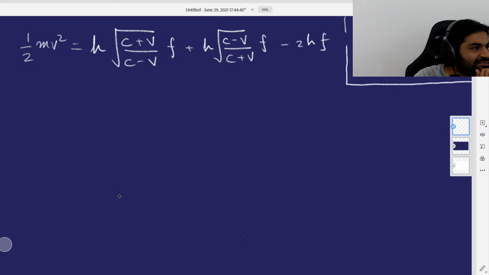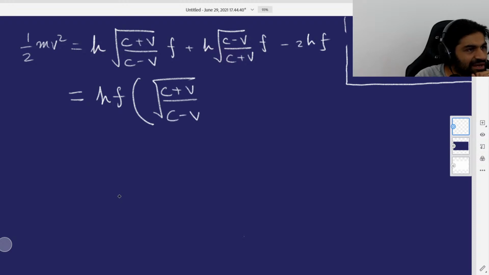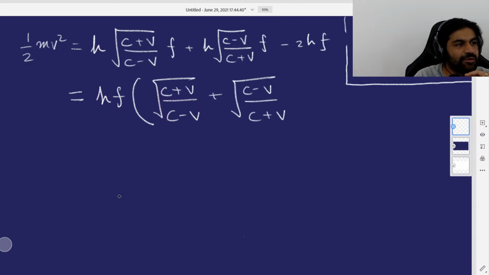So now I have this is equal to, I can take an hf common in this equation. So I have hf times the square root of (c plus v) over (c minus v), plus the square root of (c minus v) over (c plus v), minus 2.